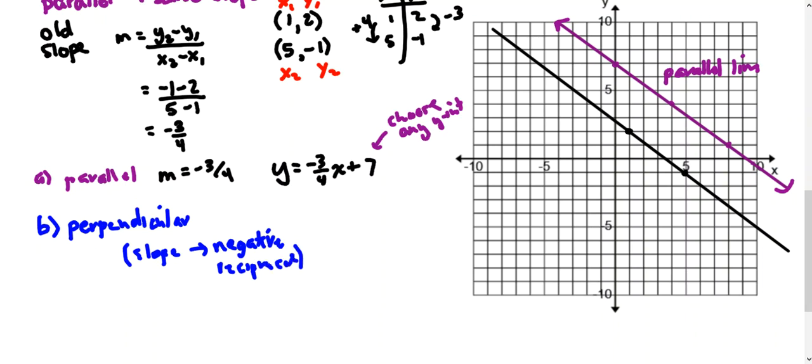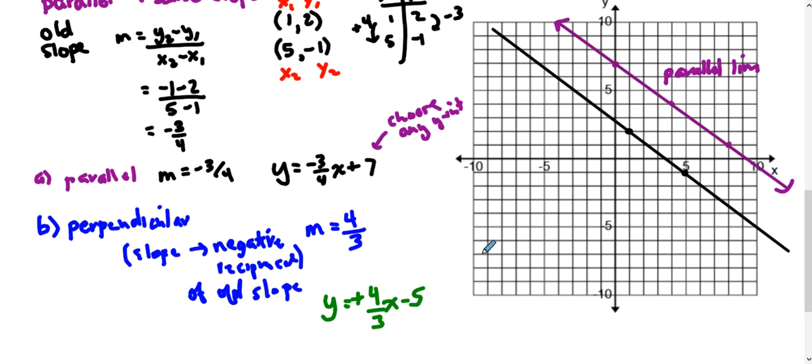So my new slope now is 4/3, the negative reciprocal of my old slope. Now I can draw that in. Here's the line I'm going to draw: positive 4/3 x, I don't know, -5. That's what I'm going to draw.